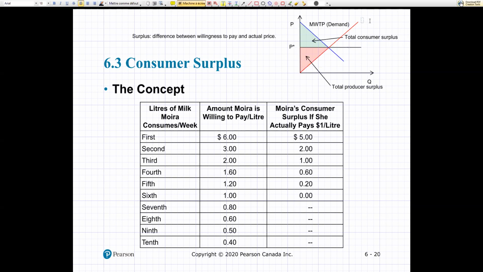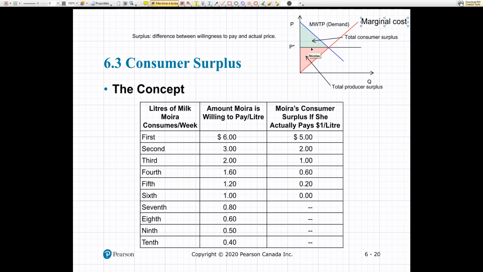So the area shaded in green is the total consumer surplus, yes. And the red would be how much firms get from the trade.